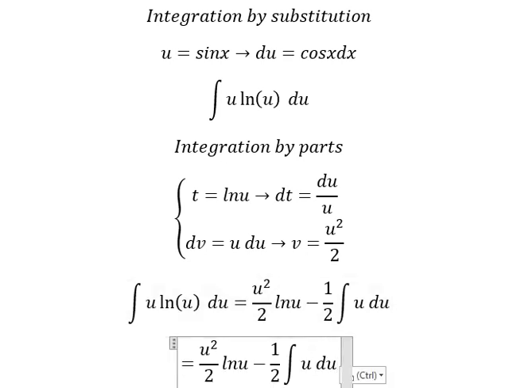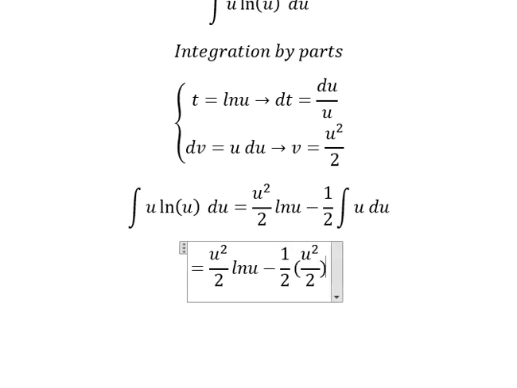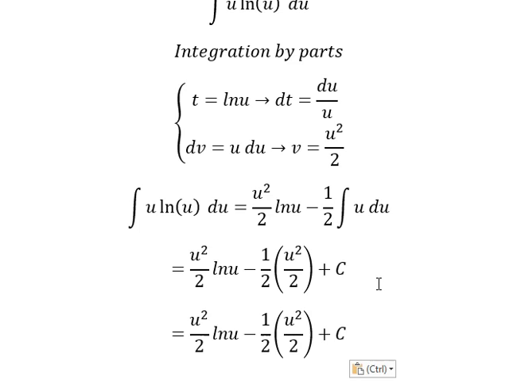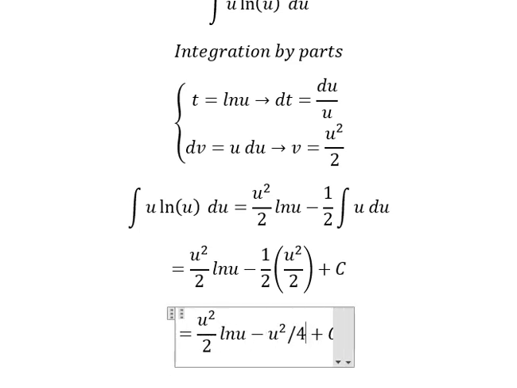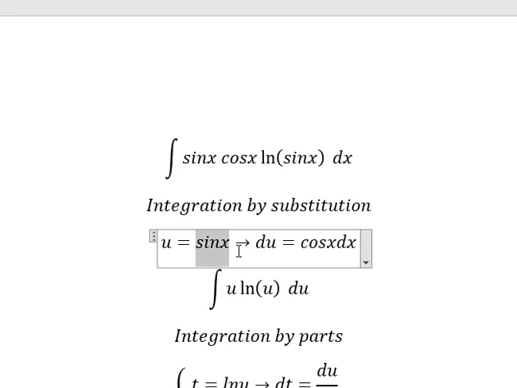So the integration of u is u squared over 2. So 2 and 2, we have 4. Then u is sin x.